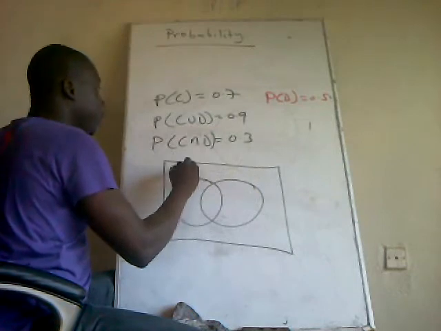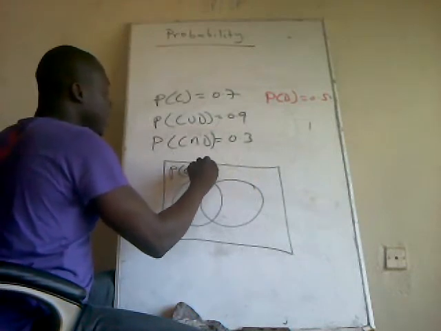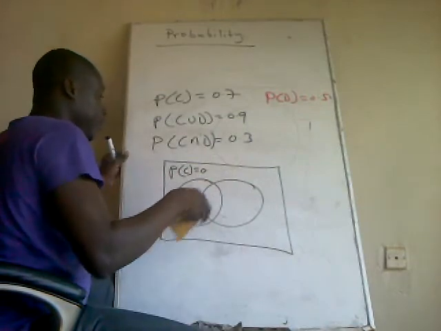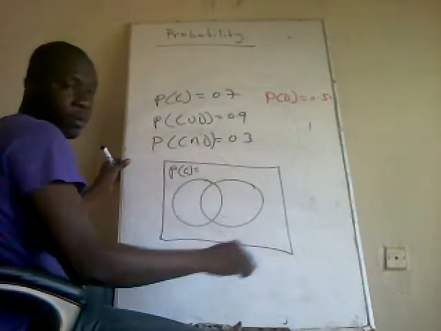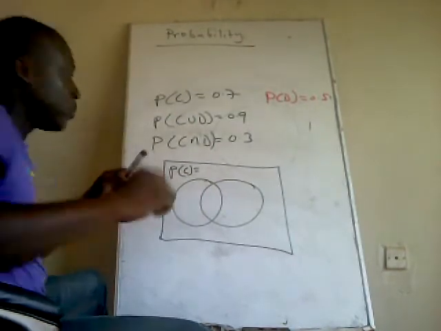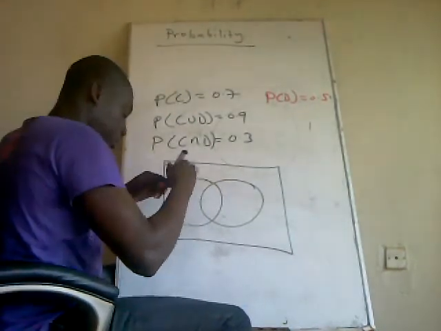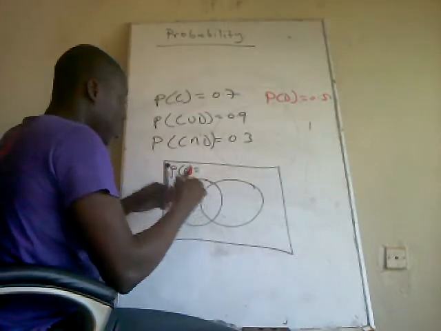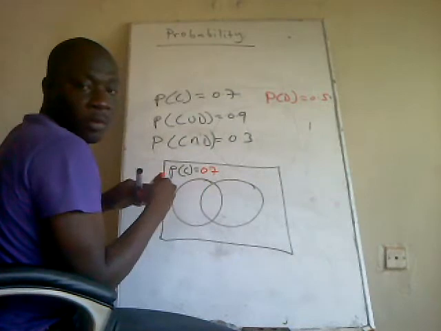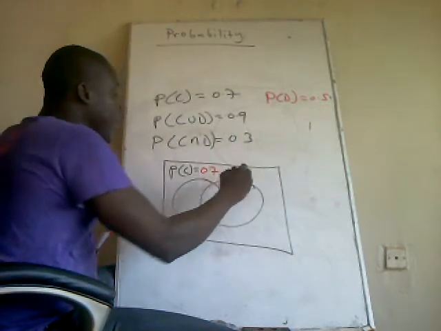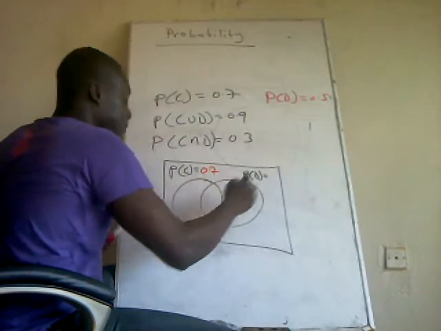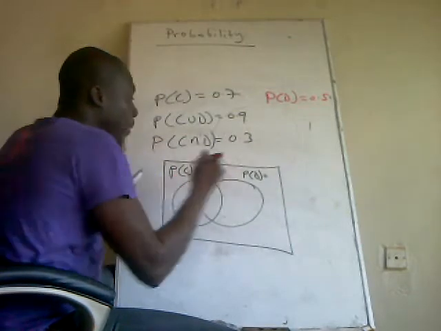There's P of C, which is 0.7. And this P of D is 0.5.